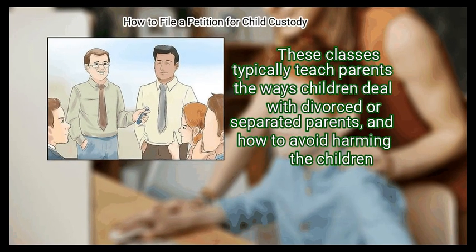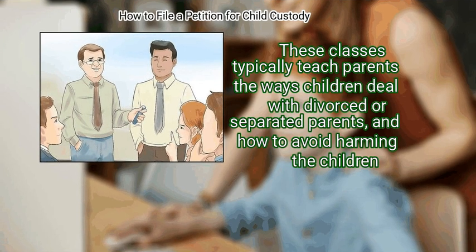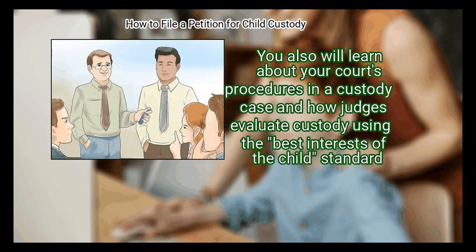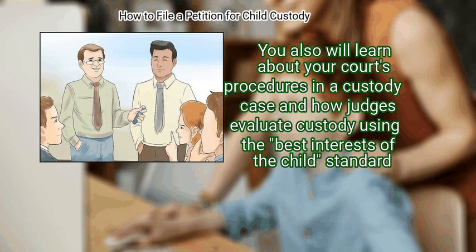These classes typically teach parents the ways children deal with divorced or separated parents, and how to avoid harming the children. You also will learn about your court's procedures in a custody case and how judges evaluate custody, using the best interests of the child standard.